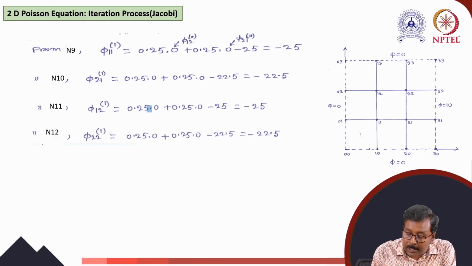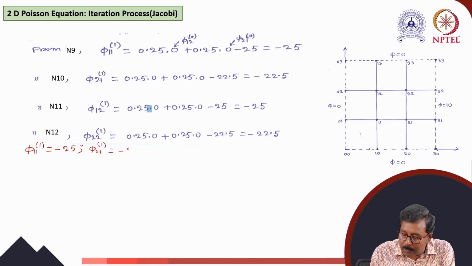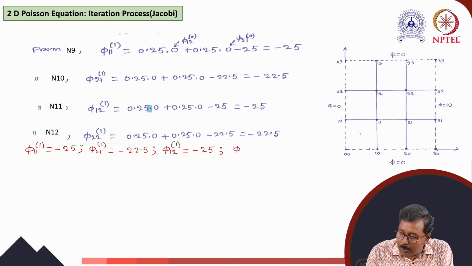So we can summarize here phi 1 1 1 is equal to minus 25, phi 2 1 1 will be minus 22.5, phi 1 2 1 is coming minus 25, phi 2 2 1 will be coming minus 22.5.